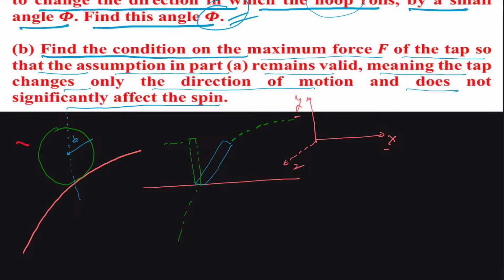This is the initial axis and it will be bending through an angle, and that angle is given as our phi. So this angle is our phi angle, and it is also given that initially it was moving with the velocity of our v.